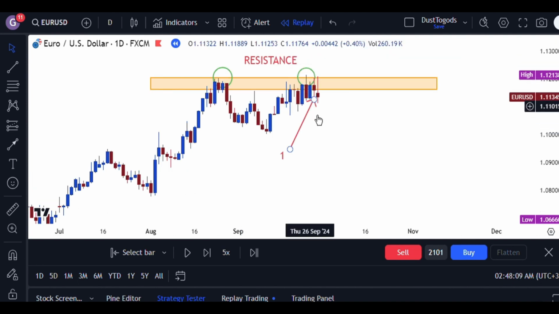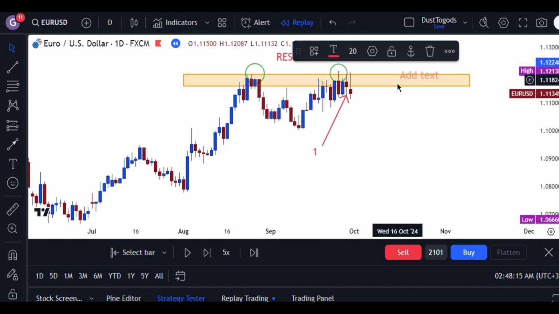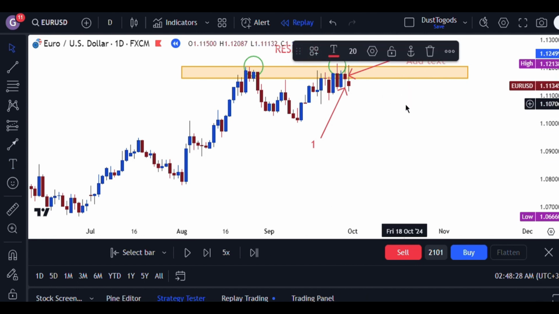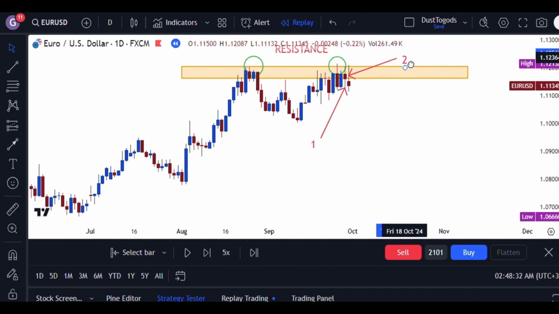So that is our first day candle. We'll just say first day. And then the next one here is our second day candle, this one here. So we say second day, that is our candle number 2.